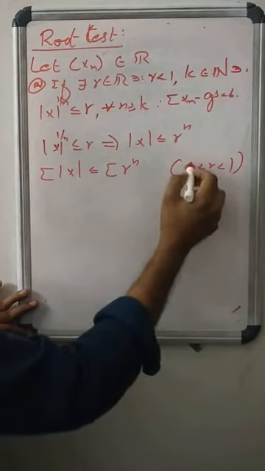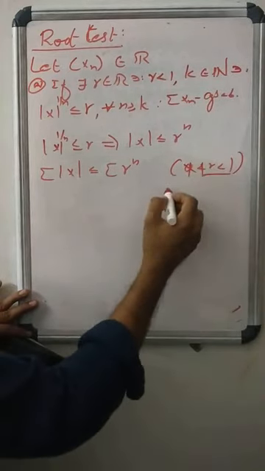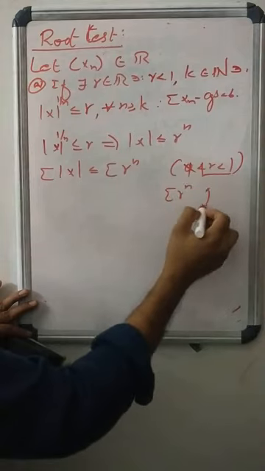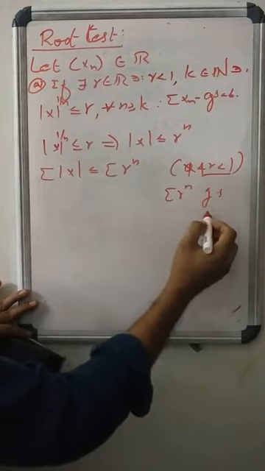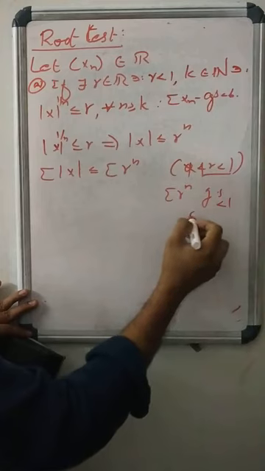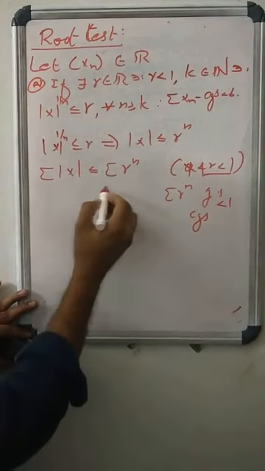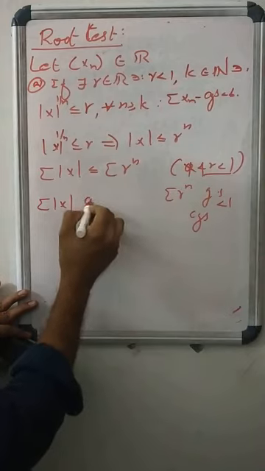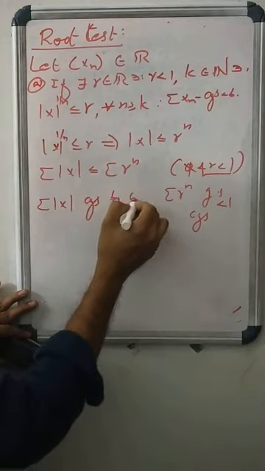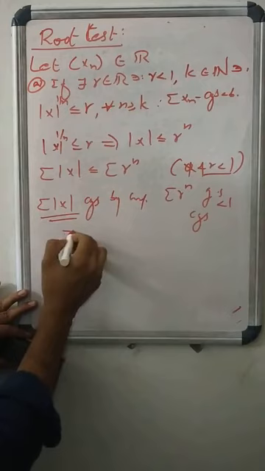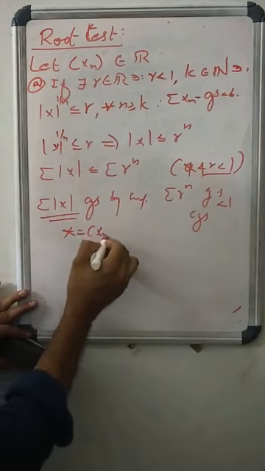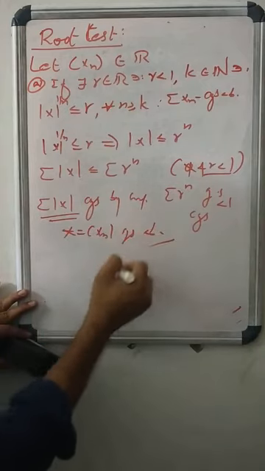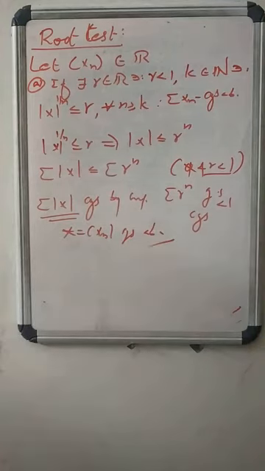Since R is less than 1, sigma R power n is a geometric series with common ratio less than 1, so it always converges. Therefore sigma mod xn converges by the comparison test. Sigma mod xn converges means sigma xn converges absolutely. So the proof is immediate.